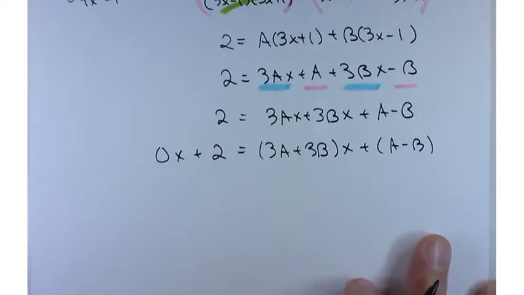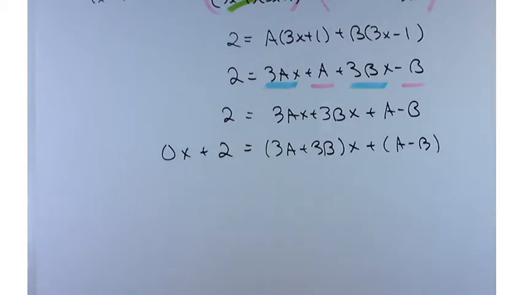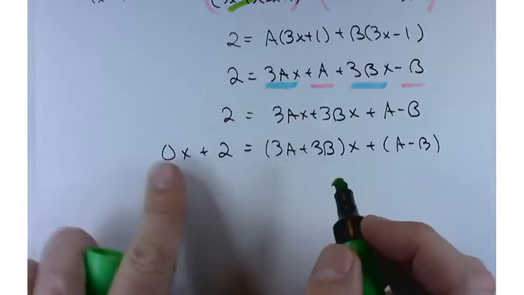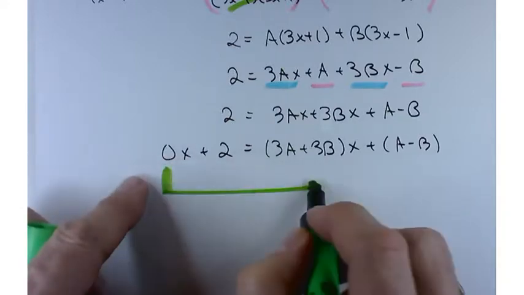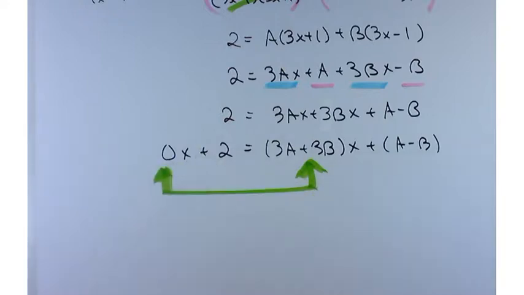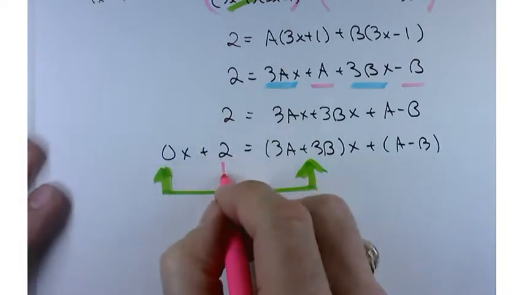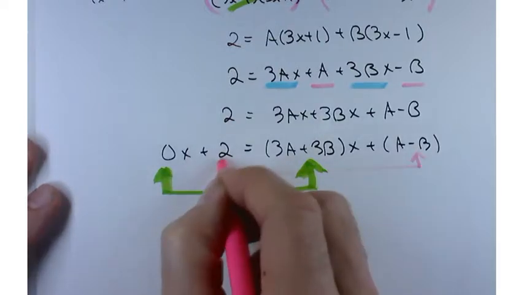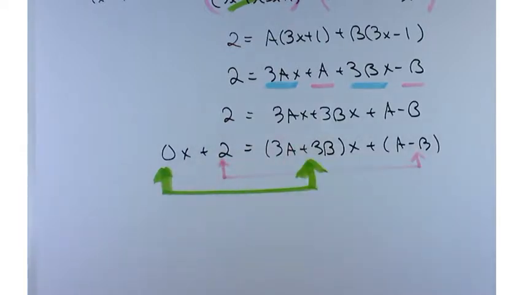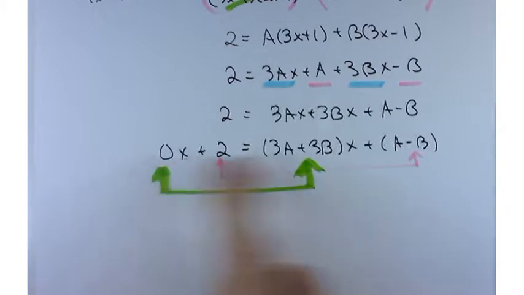I think I'm okay, because 0 times anything is 0. But what this does for me is it sets up a system of equations. The coefficient of x here has to equal the coefficient of x here, and the constant here equals the constant here. So I've got two unknowns, A and B, and I'll get two equations. That's why I needed to set up this 0x here.